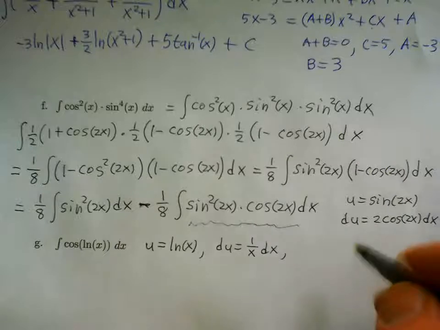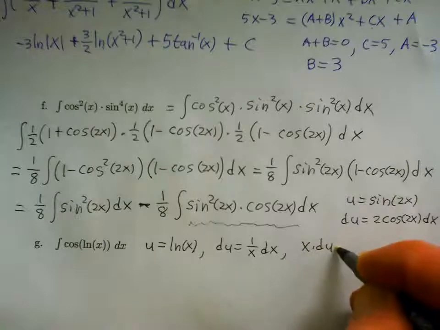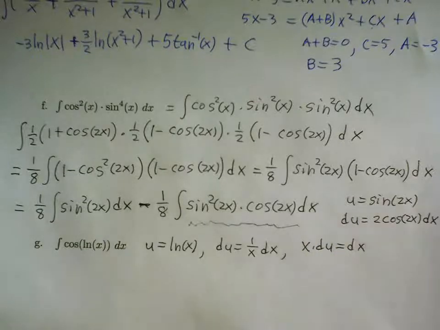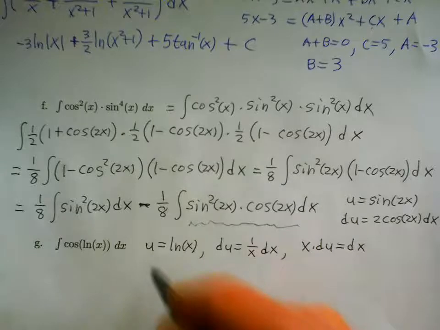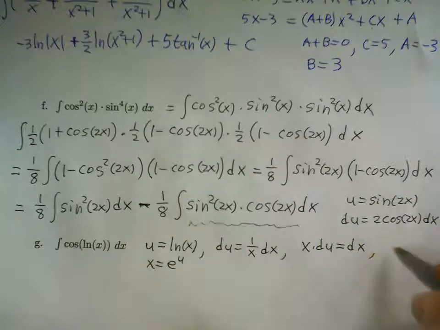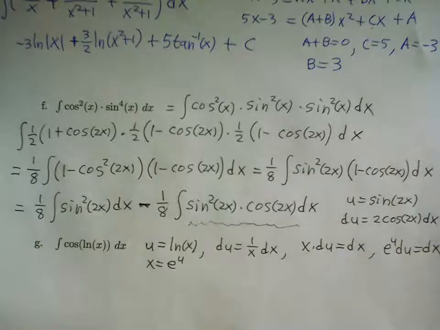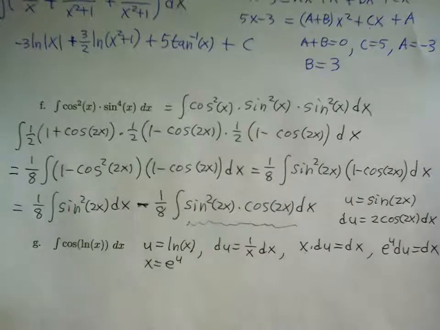For now, we'll write this as x times du equals dx. But we can replace x with an expression in terms of u. If u equals the natural log of x, then x equals e to the u. So replace this x with e to the u. And we get e to the u du equals dx.